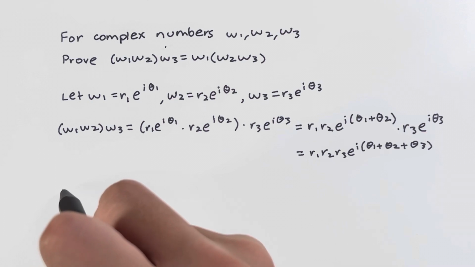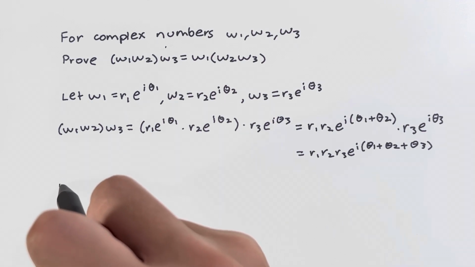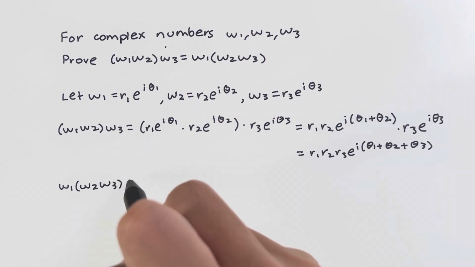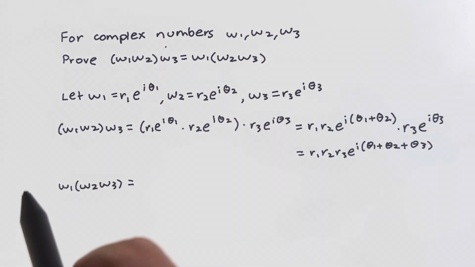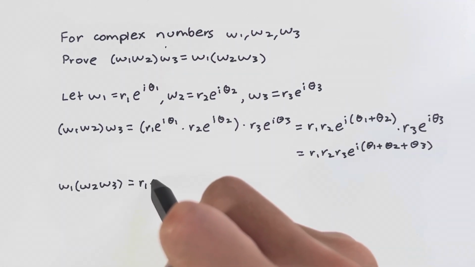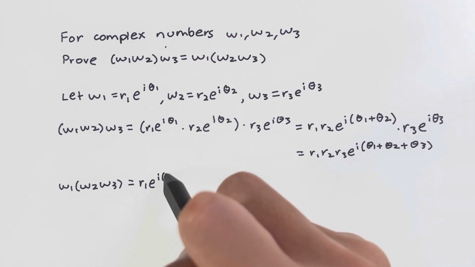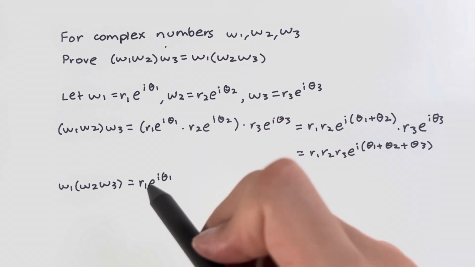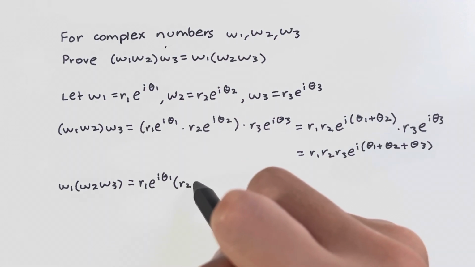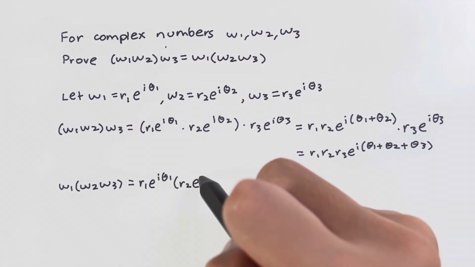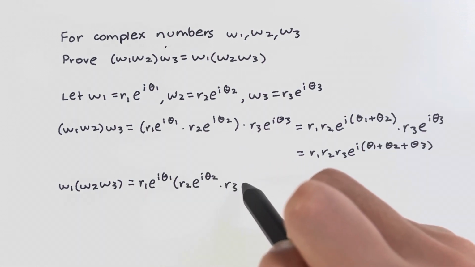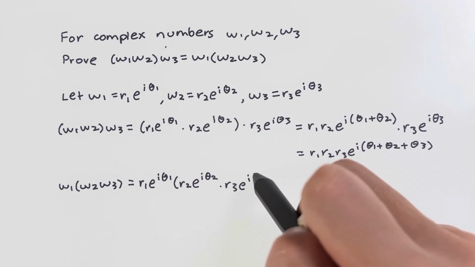Now, for W1 times (W2 times W3), this will equal R1 times e to the power of i theta 1, times R2 times e to the power of i theta 2, times R3 times e to the power of i theta 3.